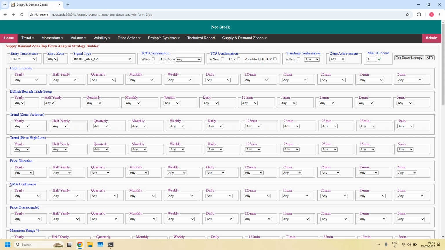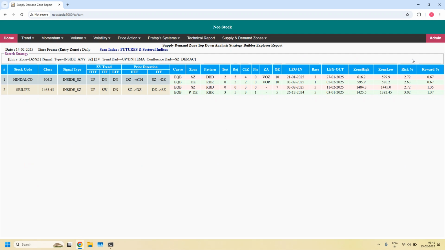Let's verify. In the EMA Confluence at daily time frame, daily supply zone having daily EMA Confluence or not, and trend on the daily time frame is either up or down. With these filters, we got 2 stocks. So these 2 daily supply zones are having daily EMA Confluence. And moreover, both stocks are having the daily trend as downtrend.